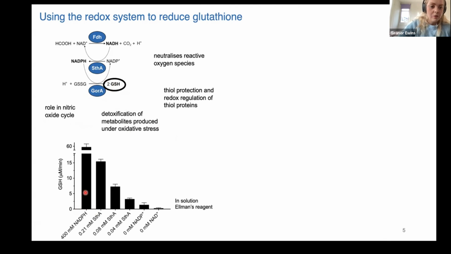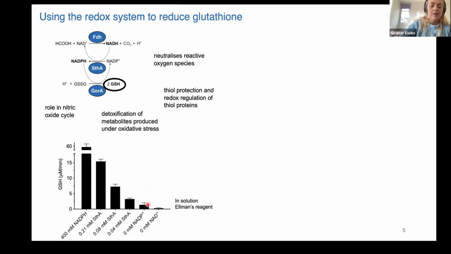So I cannot see what is on the bottom of my graph, but first of all, what we did was encapsulate just this reaction, and then directly with NADPH, and then we see the formation of the reduced glutathione, and this was done in solution using Ellman's reagent. And then what we see when we then couple this reaction to the rest of the redox pathway is that we have a dependence on the concentration of the soluble transhydrogenase that is included, on the rate of the reduced glutathione that is produced.